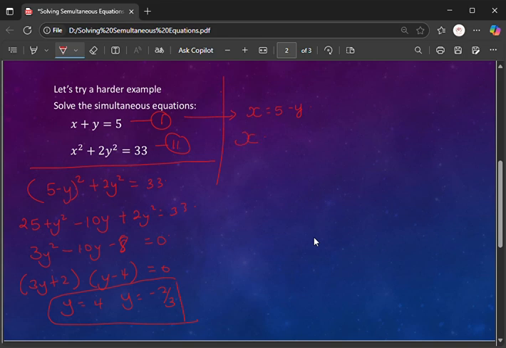So x is 5 minus 4, implying that x will be 1, and then another x equals 5 minus... just a second, checking if I didn't make a mistake.